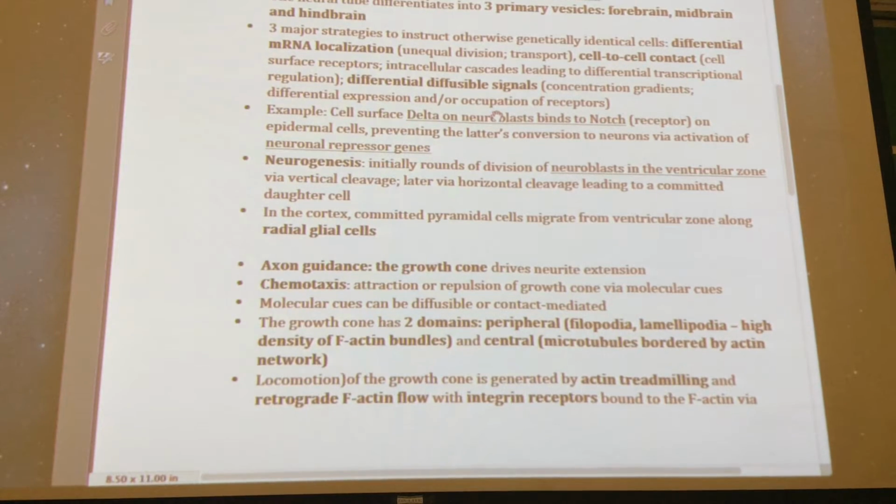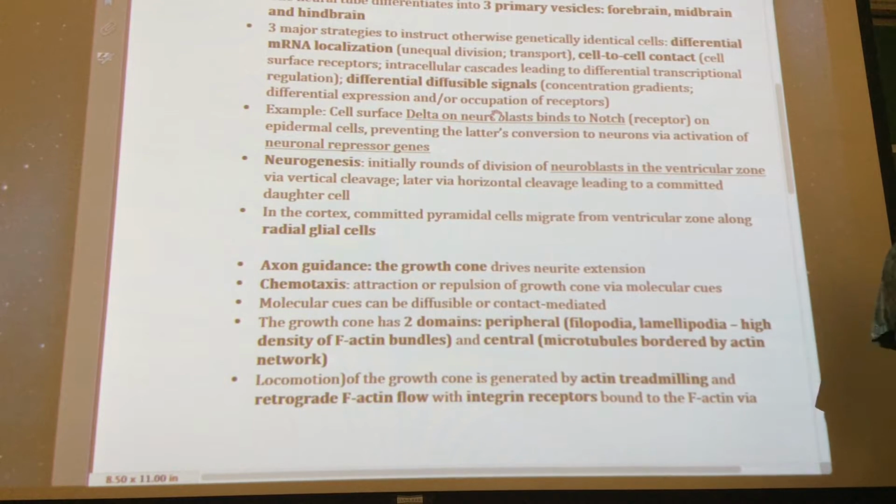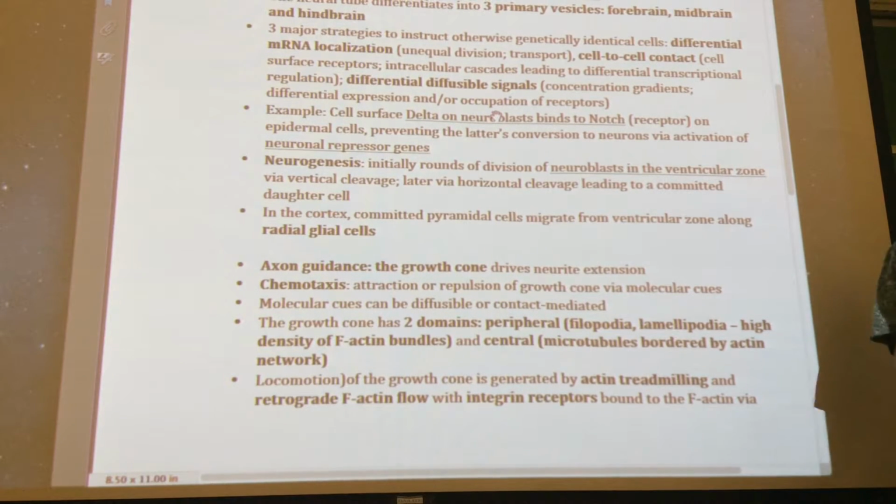Okay? 3 major strategies. These are basic strategies to know, all right, in terms of why identical cells, as they're generated, then take on different features. This is the whole idea, not just of differentiation, but patterning for differentiation of types of lineages of cells that eventually have to segregate, as we said, to have different functions, okay?